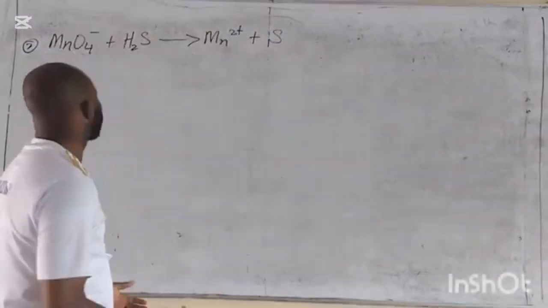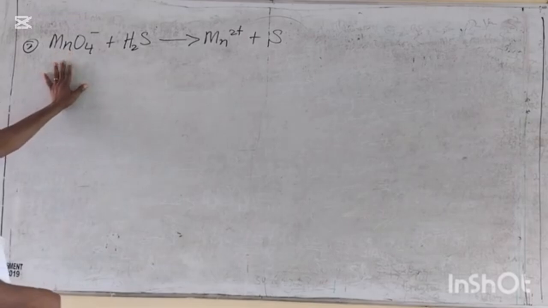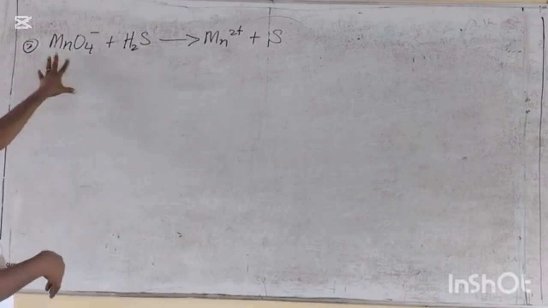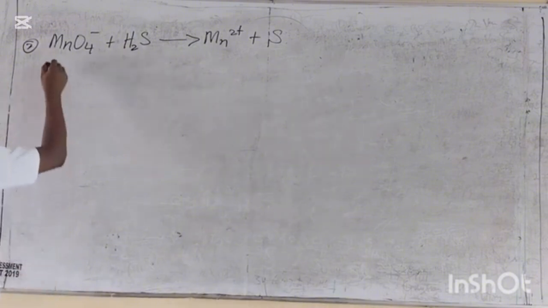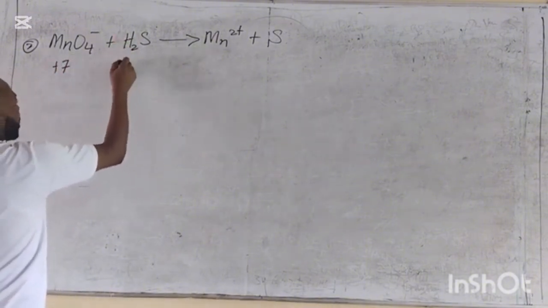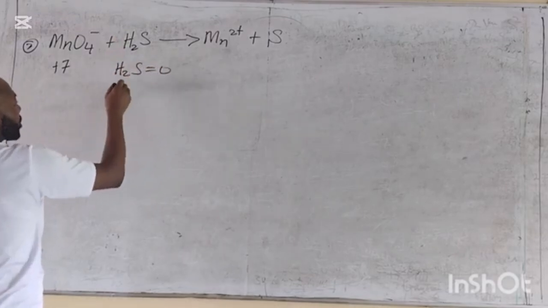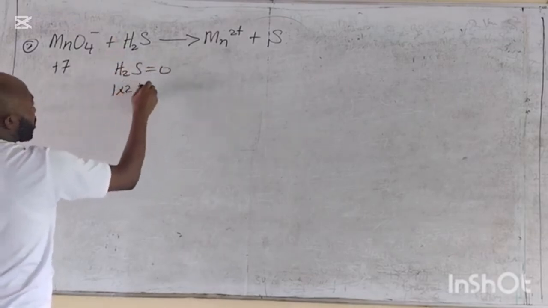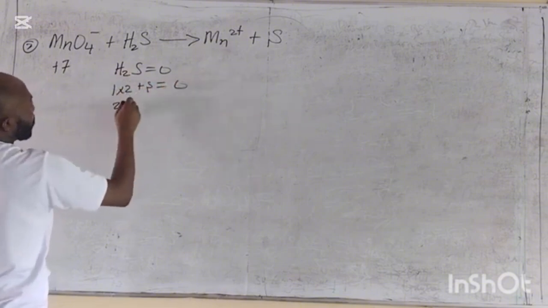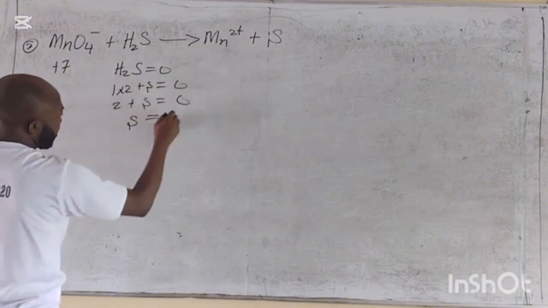So, what is the oxidation number? We just calculated this one earlier on. The first one we calculated is plus 7, so it's the same thing here. We have oxidation number plus 7. Here, let's calculate this one. For H2S, the sum is equal to 0. Hydrogen is 1 times 2, plus sulfur equals 0. 2 plus sulfur is equal to 0, so sulfur is equal to minus 2.